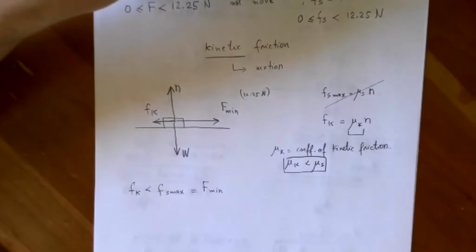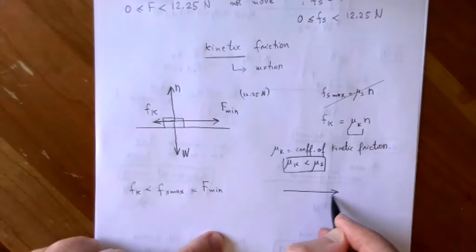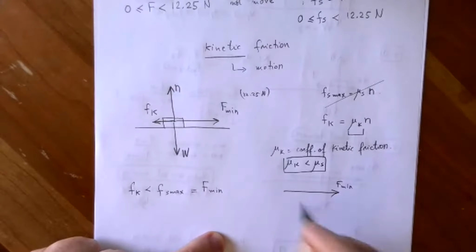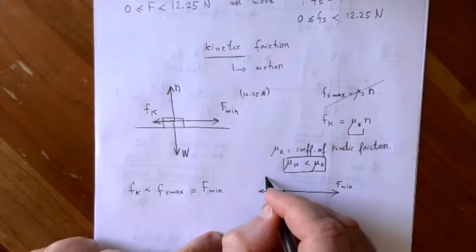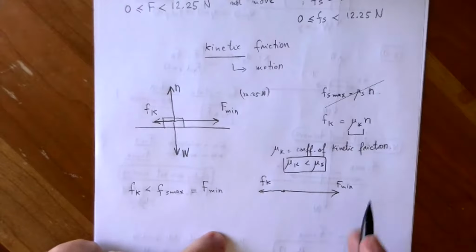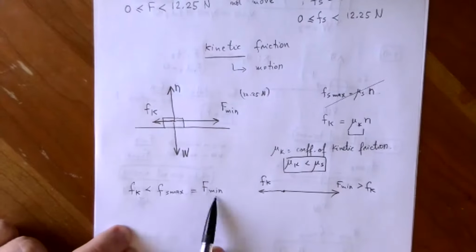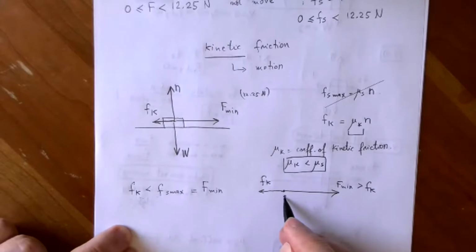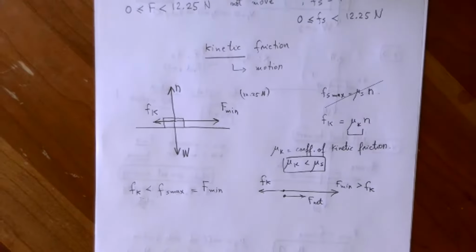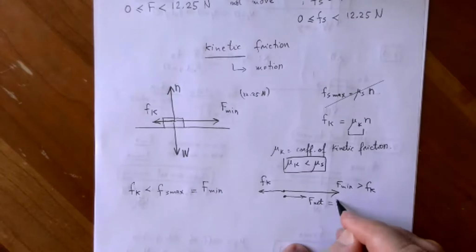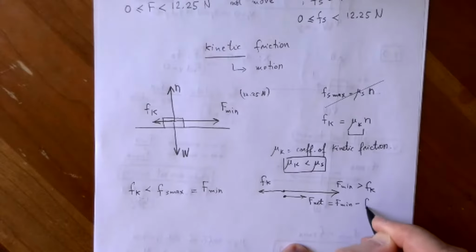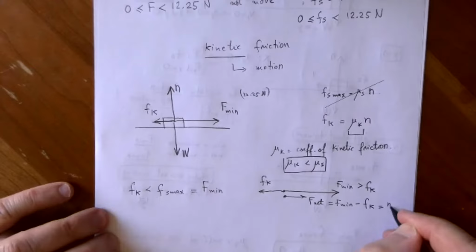Well, if I have the force F min pointing to the right, and I have force Fk pointing to the left, but F min is greater than Fk, that means I have a net force pointing to the right, which will be F min minus Fk.